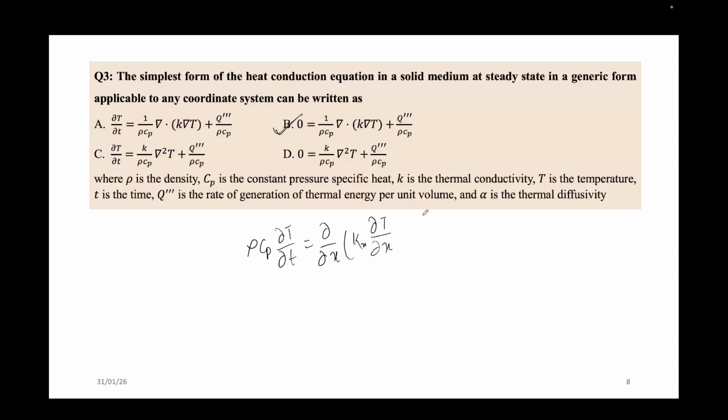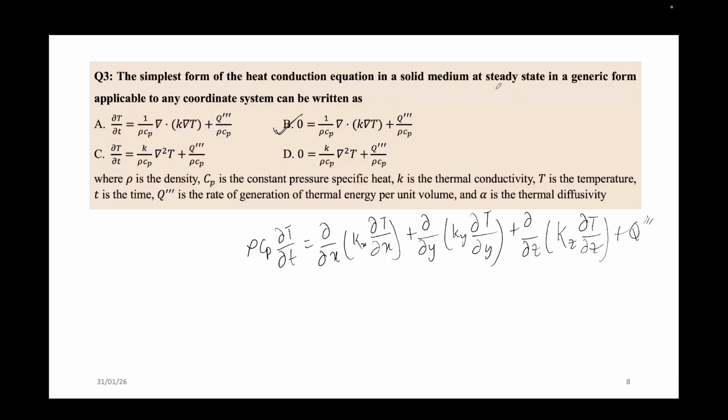Here k is the thermal conductivity, plus del by del y of ky del T del y, plus del by del z of kz del T del z, plus q. This is the equation. Plus the beta term is there, which I have said is not required. So this one equation I can write.